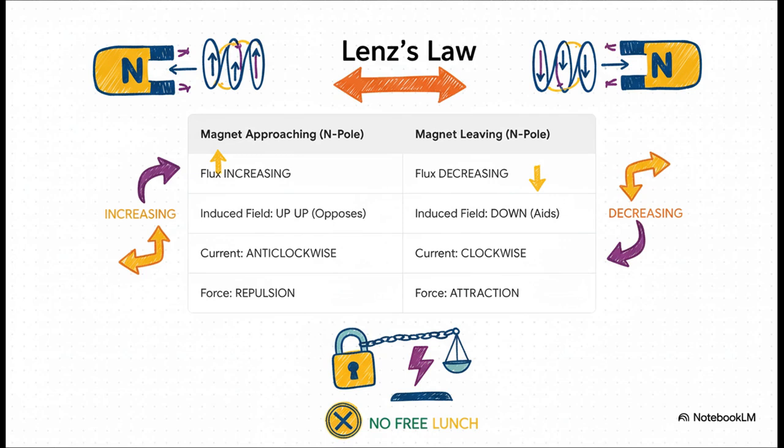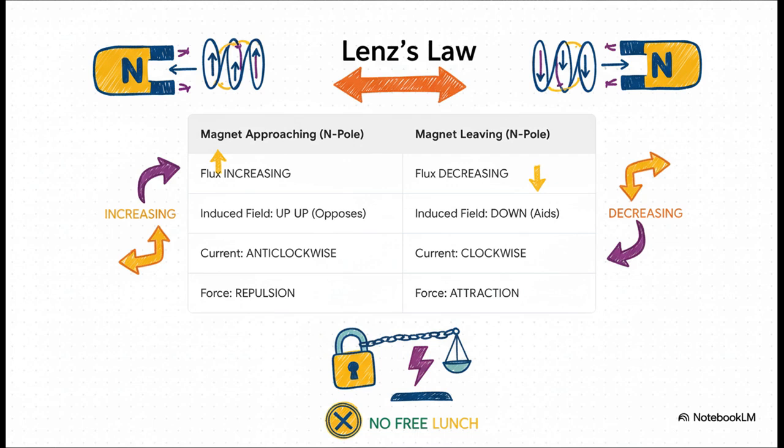Look at the left. A north pole is coming towards the ring. The magnetic field lines point down, and as it gets closer, they get stronger, so flux is increasing. Lenz's law says, no way, and creates an upward magnetic field to oppose it. Okay, right hand rule. Thumb up, and look, your fingers curl anti-clockwise. That's your current. Now on the right, the magnet is leaving.